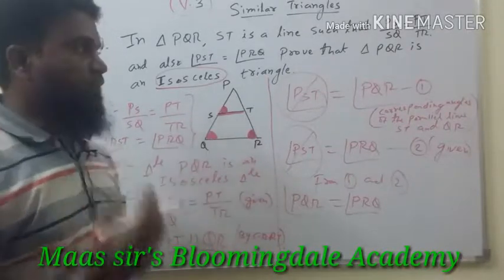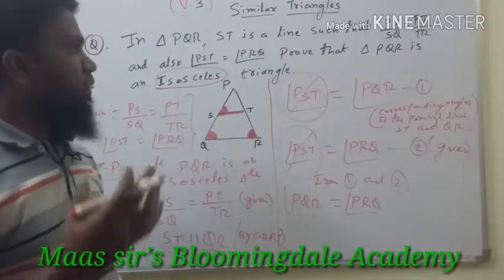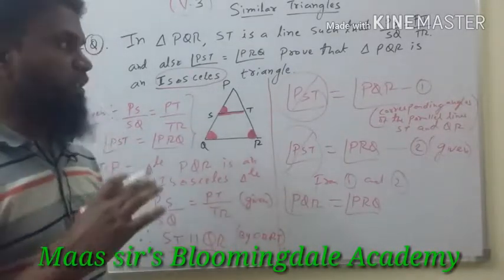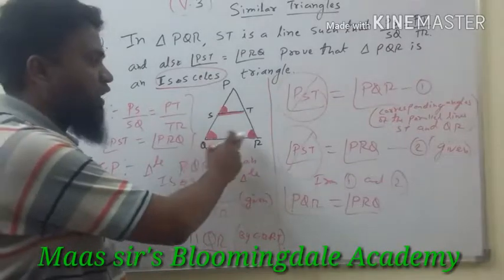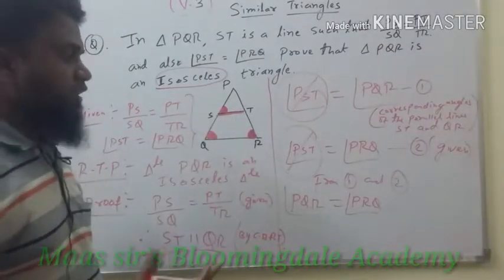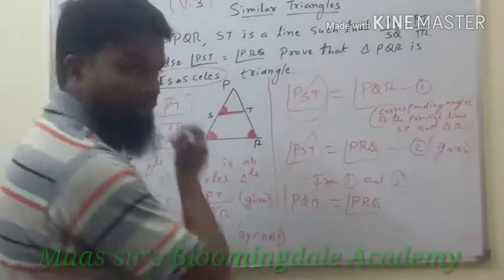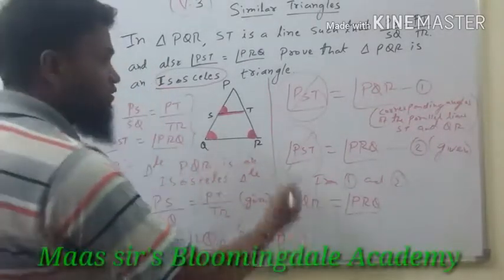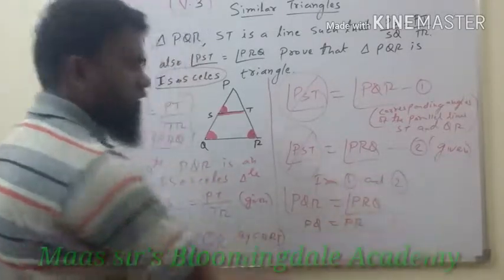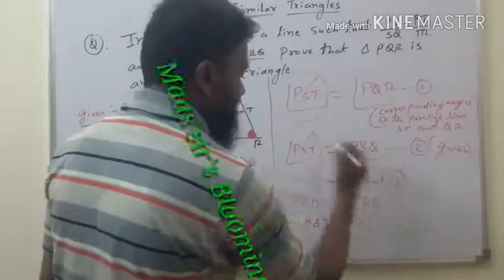Why? Because an isosceles triangle is one where two sides are equal. Otherwise, if you are getting two angles equal, then also it is an isosceles triangle. So you are getting both the angles equal from 1 and 2. Now I can easily write PQ is equal to PR. What is the reason?